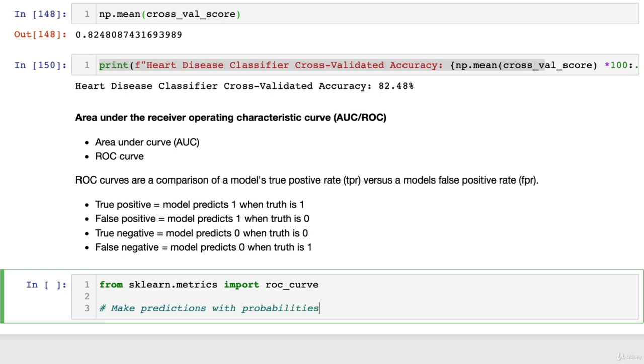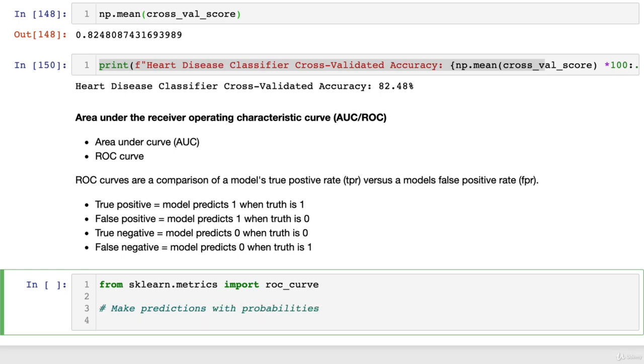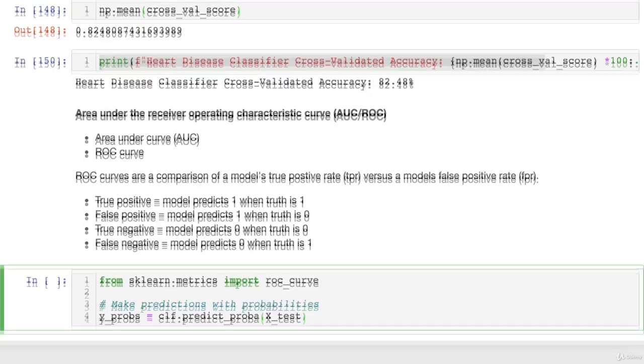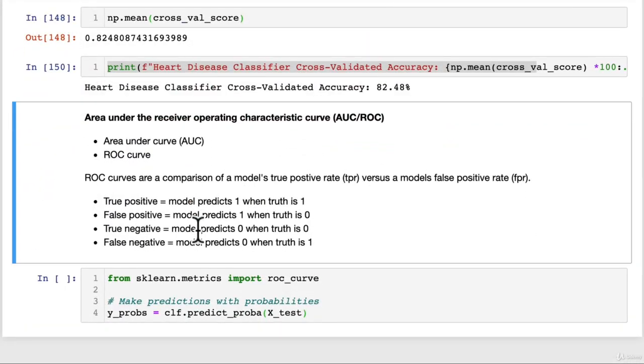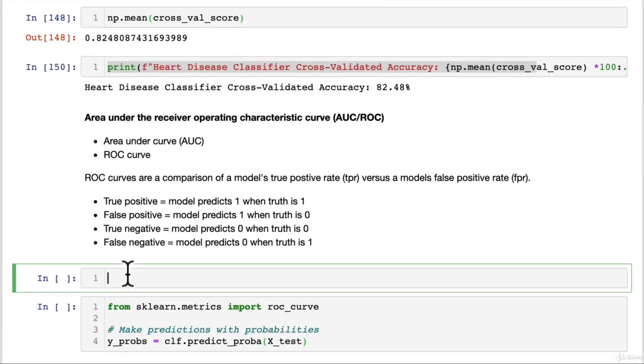And how can we make predictions with probabilities? We saw this in making predictions. We can do that with y_probs equals clf.predict_proba for probability. We're going to make some predictions on the X_test data. Now, I just want to make sure it's the right X_test data.